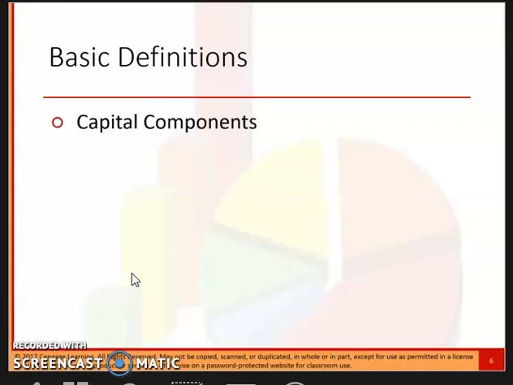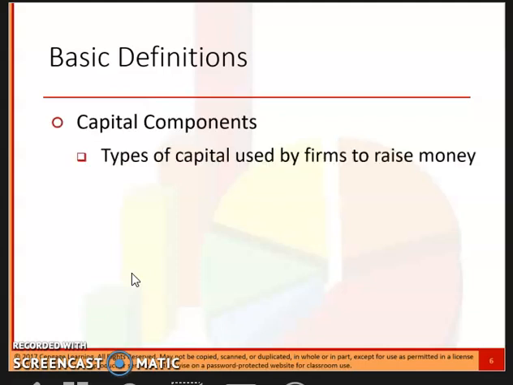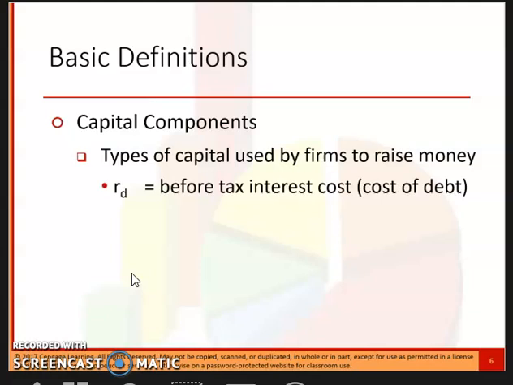Basic definitions, capital components. So types of capital used by firms to raise money. R sub D, or subscript D, is the before-tax interest cost or cost of debt. R sub D T is the after-tax cost of debt, and that is R sub D multiplied by 1 minus the marginal tax rate.